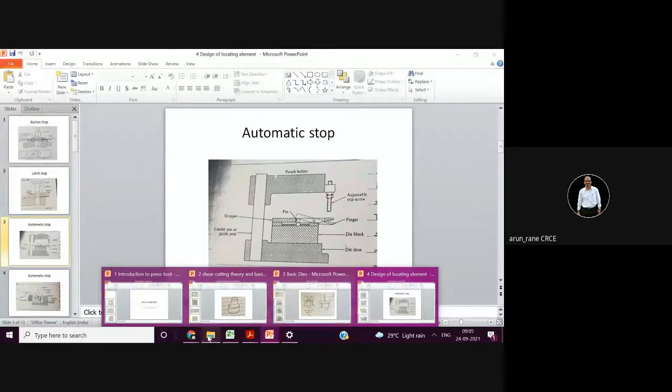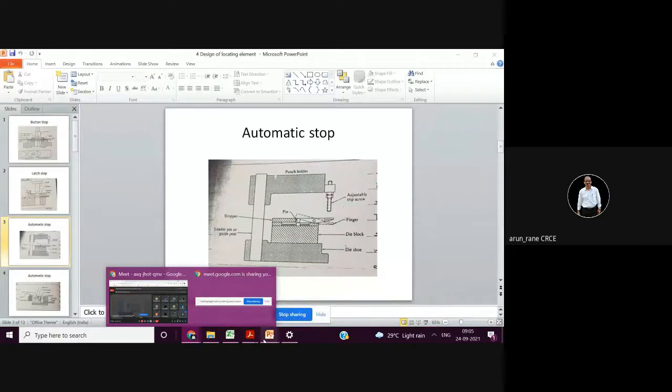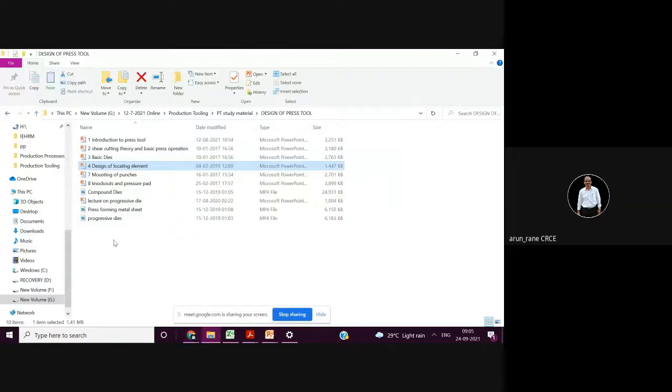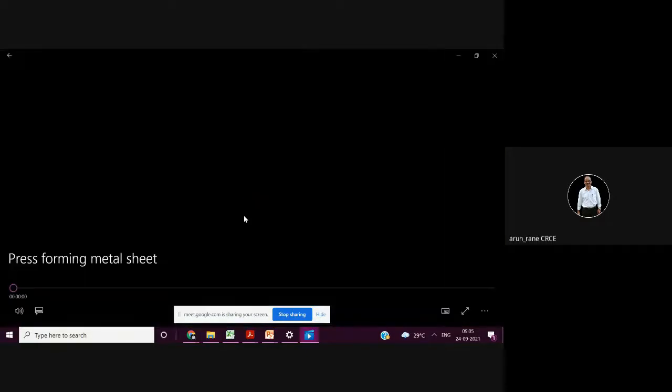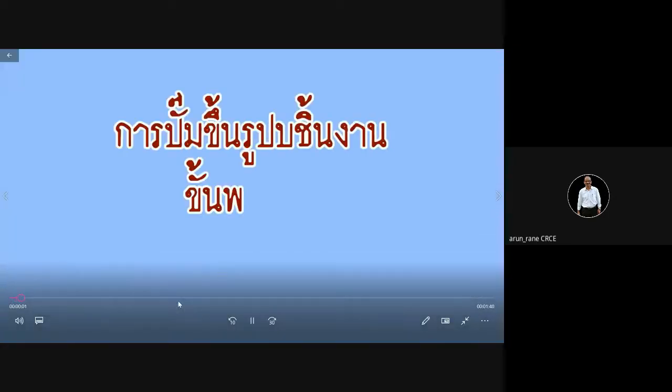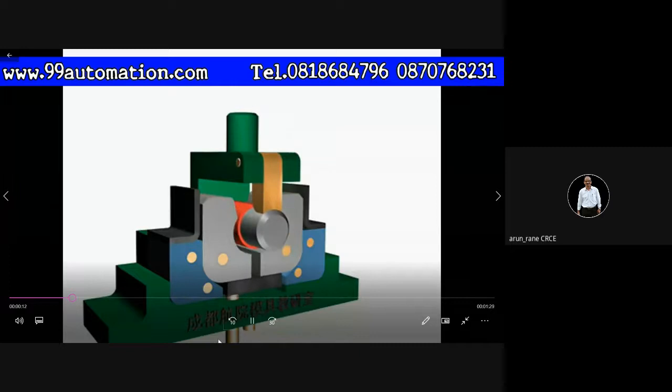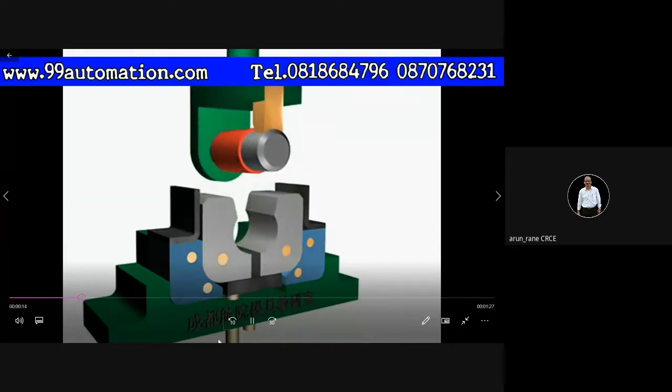Let me show you some small videos. These are some bending dies.